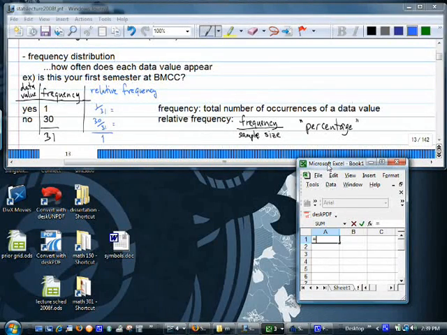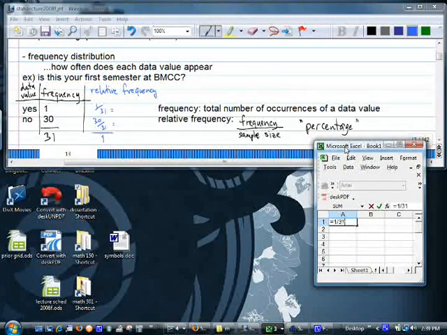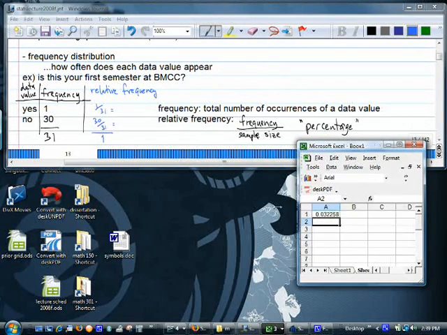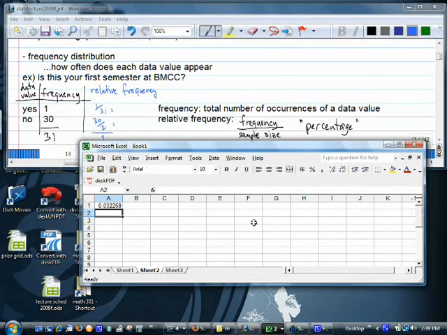So let's just do 1 out of 31. 1 divided by 31. Ooh. We don't like all those decimal points. We don't need all those. So another very important button that you'll get used to using is the increase or decrease number of decimal places. It's these two buttons right here.